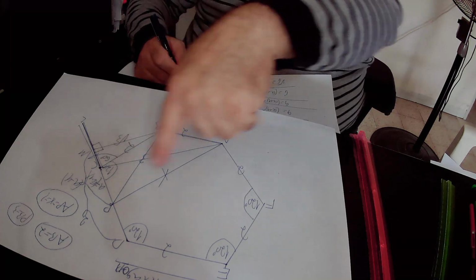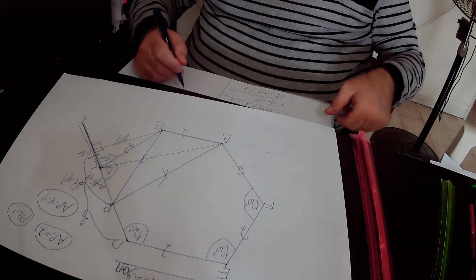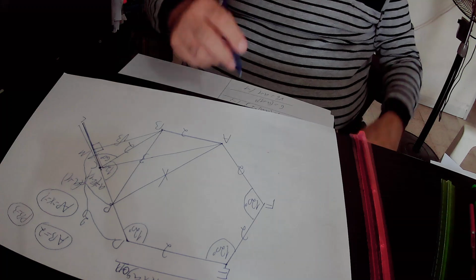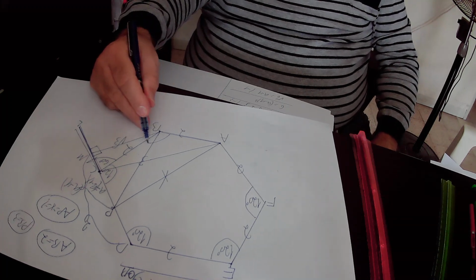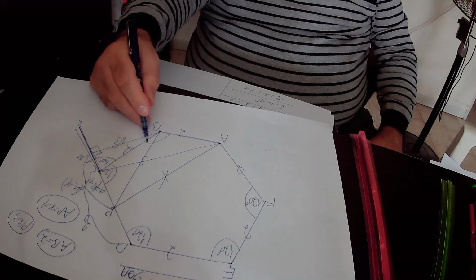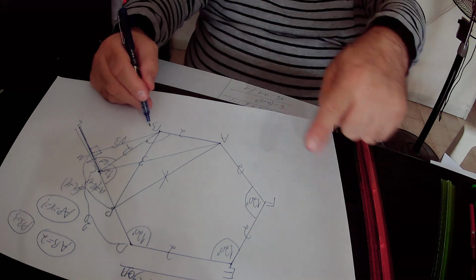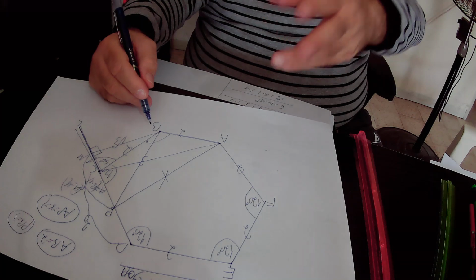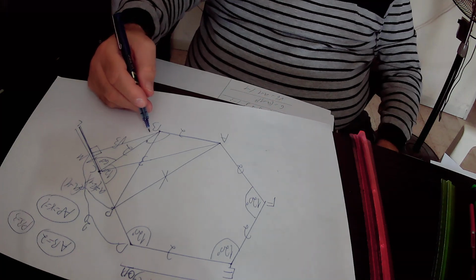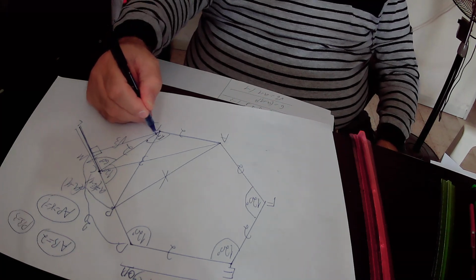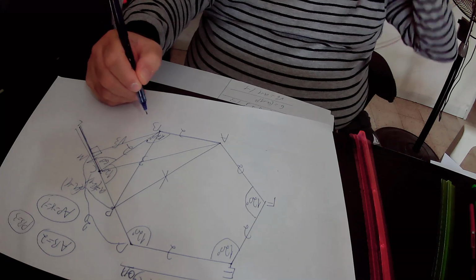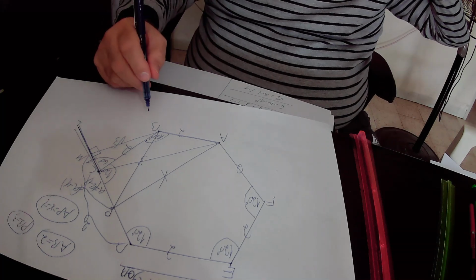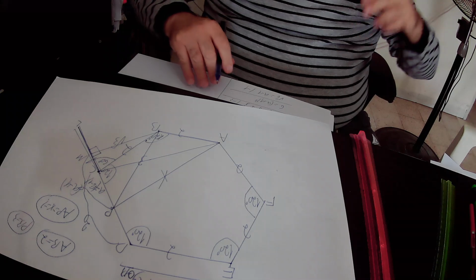In this triangle ABC, angle ABC is one of the 6 interior angles of the regular hexagon, and we know that each interior angle is equal to 120 degrees. Side AB equals 2 units and side BC equals 2 units.